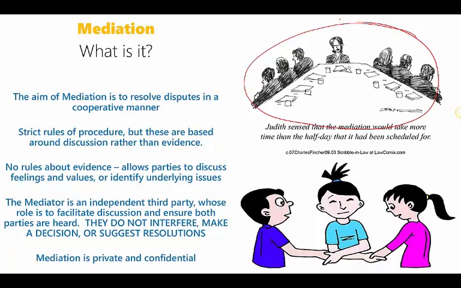Both parties come to the table and sit around the one table, and a mediator sits in the middle of them, much like Judith is doing here, and effectively controls the process so that the parties talk through the issues at hand with each other, so that the parties can come to their own resolution. And this is the important thing: parties must come to that resolution together and must agree on it.